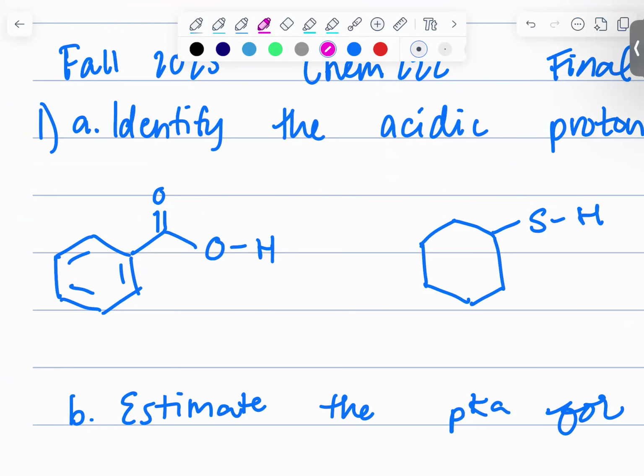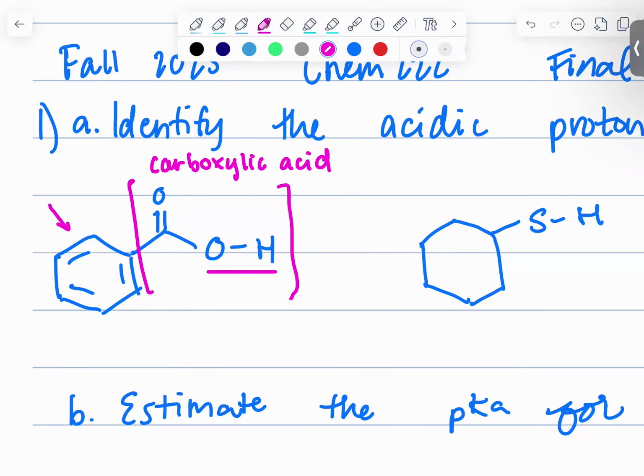An alcohol is not looking at the full structure, though. A carboxylic acid. And then what's special about this ring? It's benzene. What property makes it special? It's aromatic.